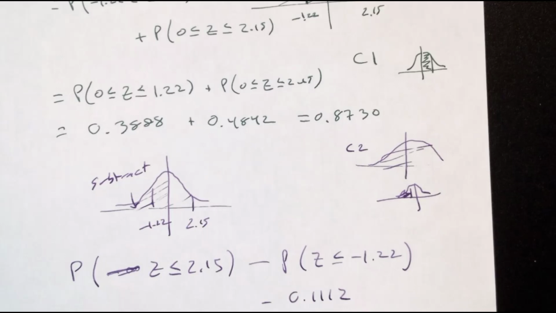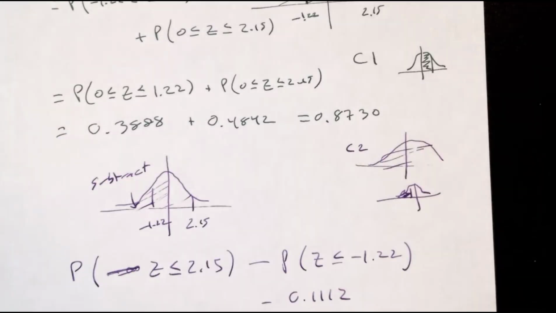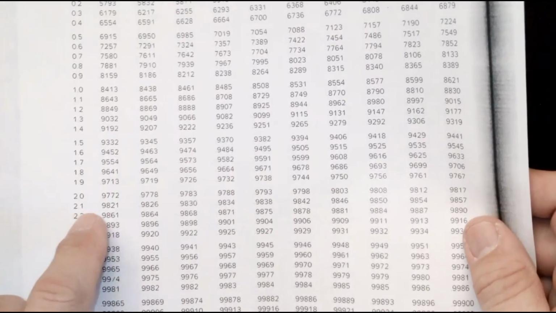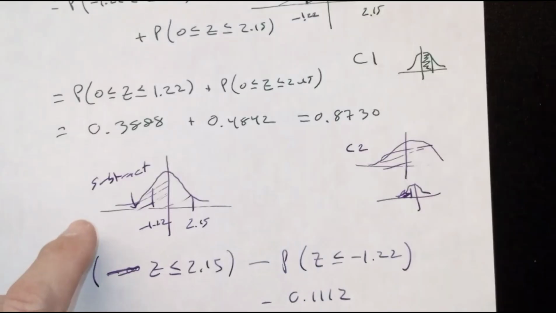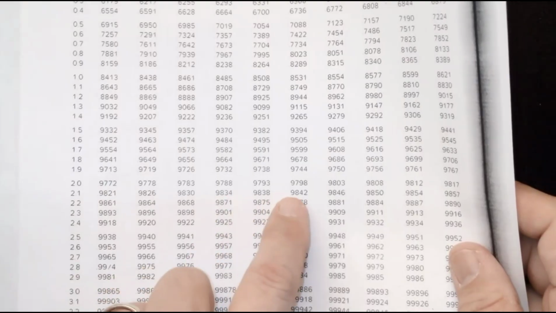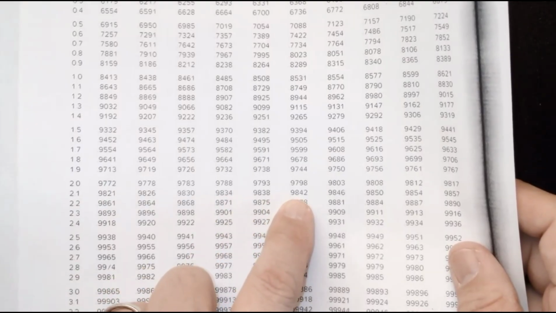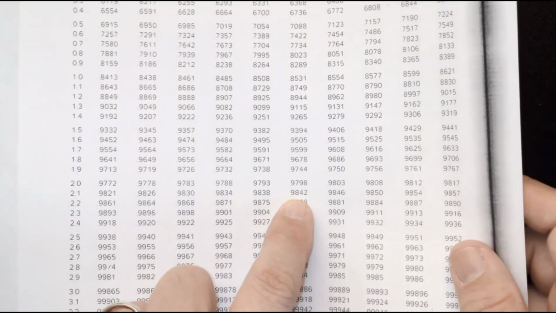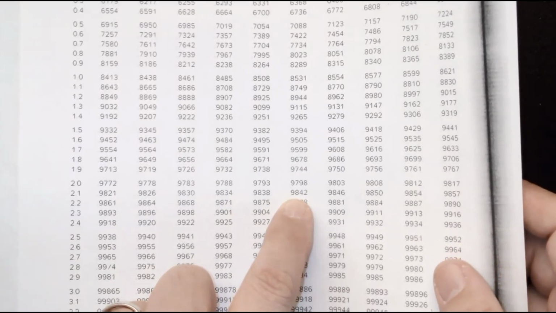Now I go to 2.15. But that means I have to go all the way through the negatives to the positives on the next page. Please separate pages. Thank you. 2.1, 0, 1, 2, 3, 4, 5 is 0.9842.